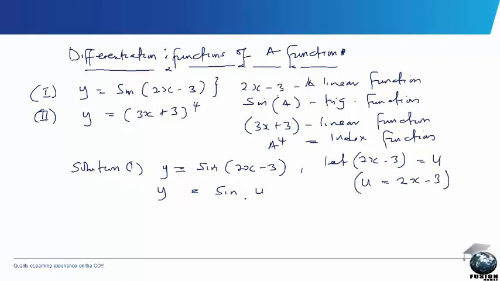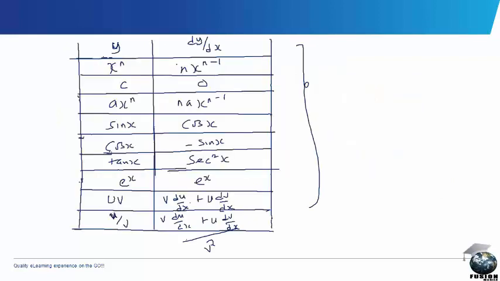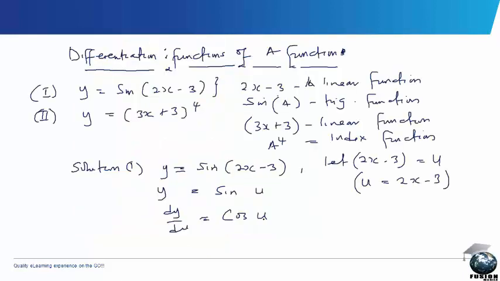How this works out is that you differentiate y with respect to u, and when you differentiate a sine function, you will have cos of u. From our table, when you differentiate sine x you get cos x, so if it is sine u, it is equal to cos u.